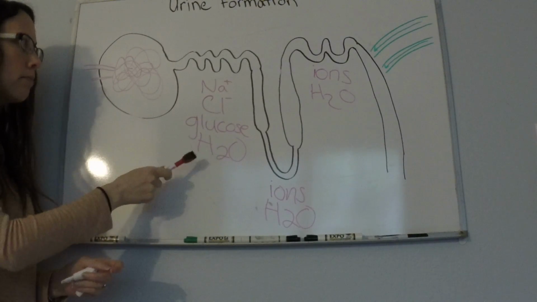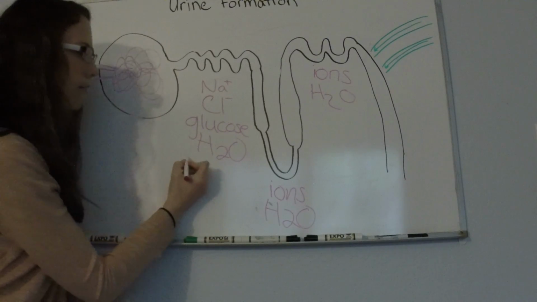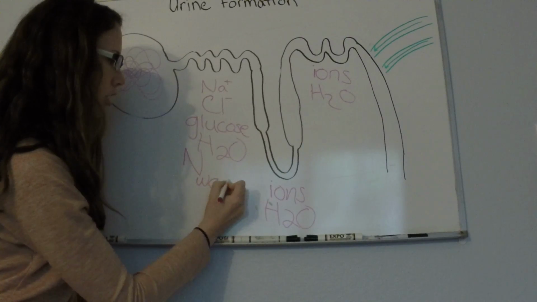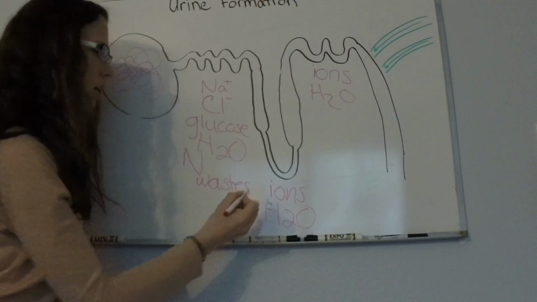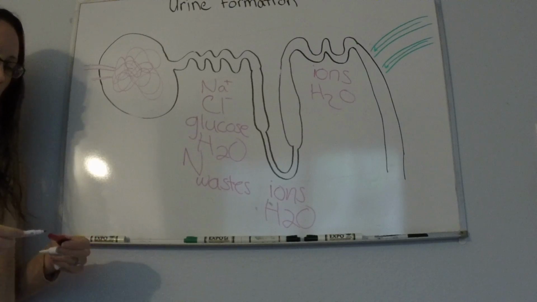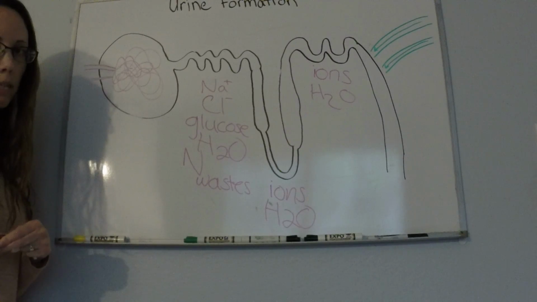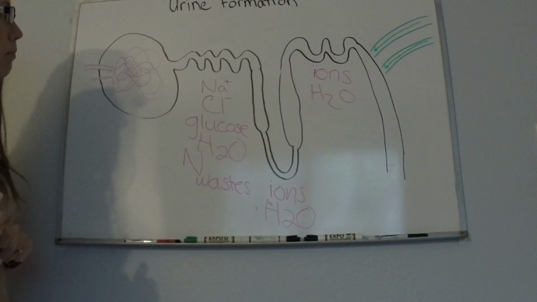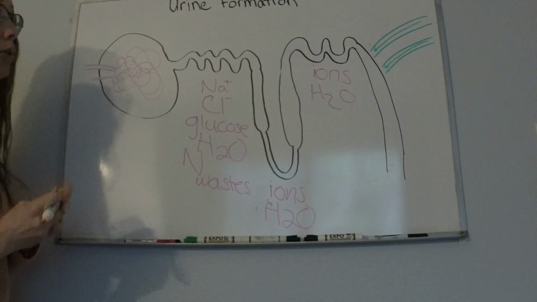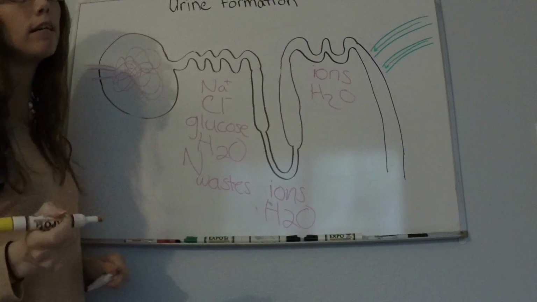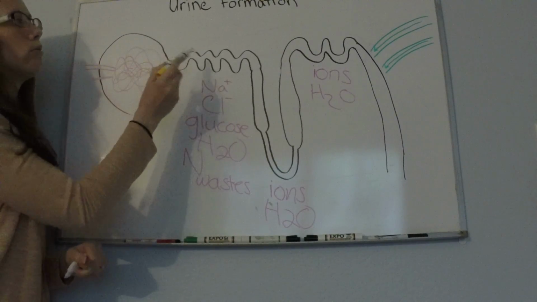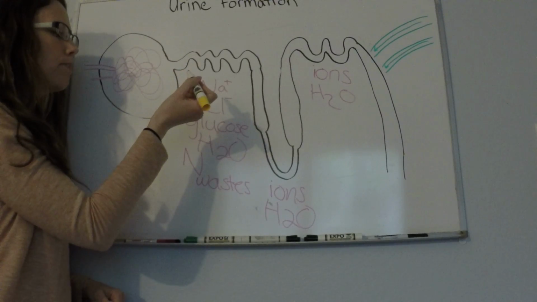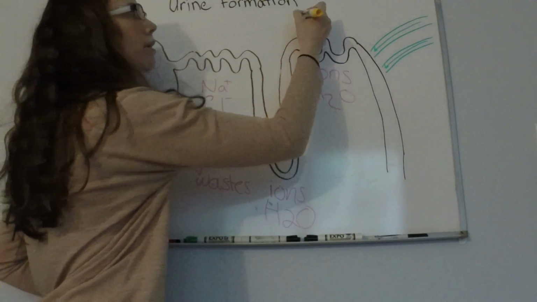We do also have some, in the PCT, some nitrogenous waste. I'm just going to put N waste for nitrogenous waste. A lot of it is excreted in urine, but some of it our body does keep. But the secretion, so what is leaving the blood vessels and going into our tubular system, our filtrate, we have drugs, contaminants.